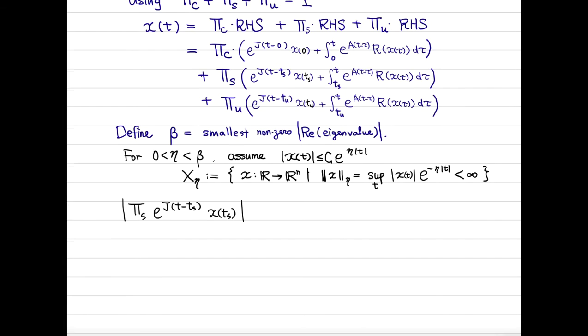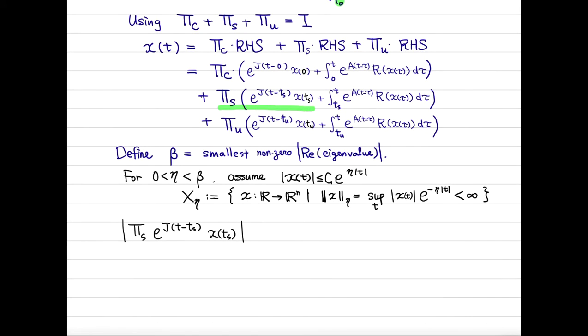Let's take the first term, the stable component, and estimate it for when Ts is going to negative infinity. So we are estimating this for some finite t, and Ts is going to negative infinity, which means t minus Ts will be a large number.